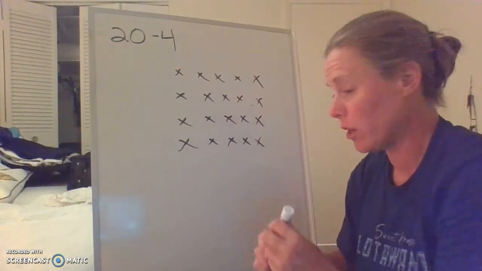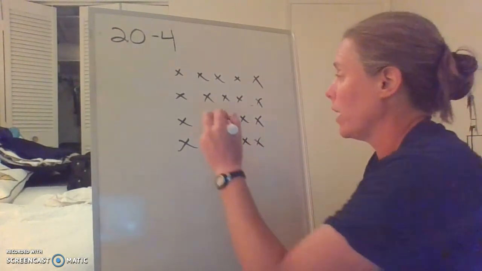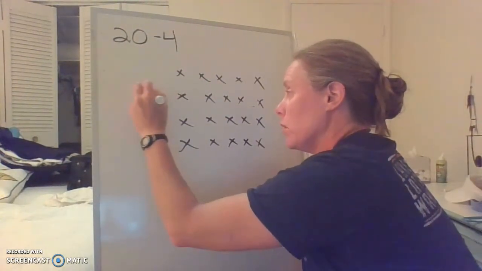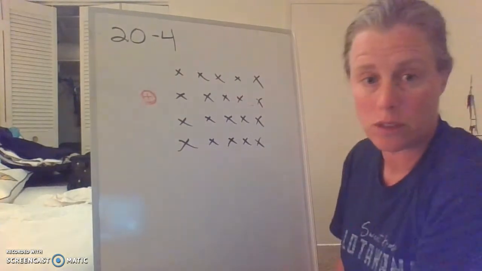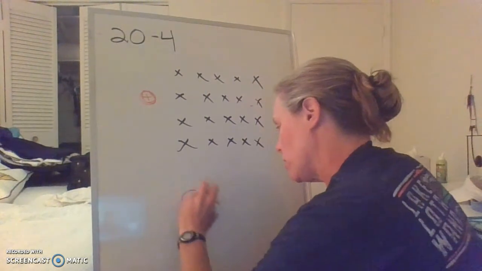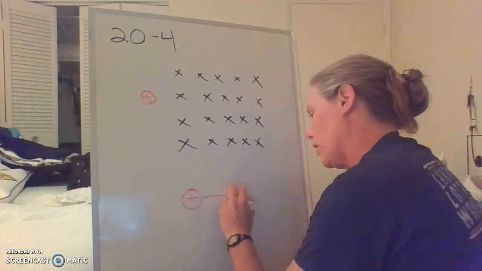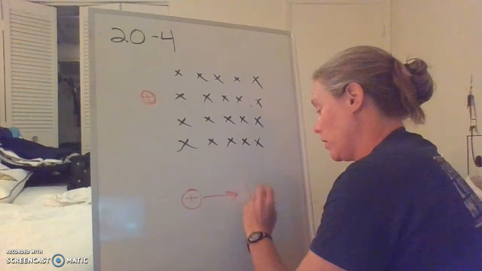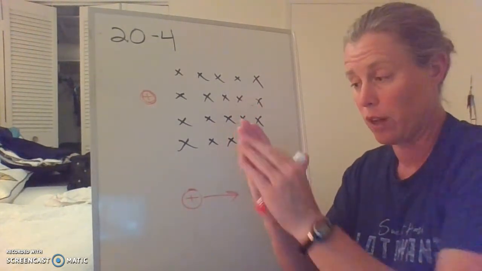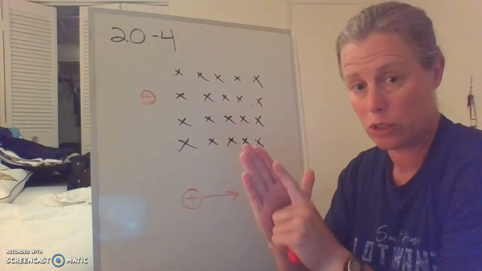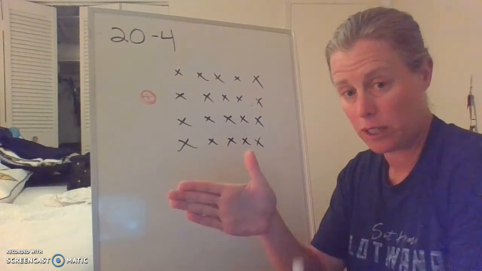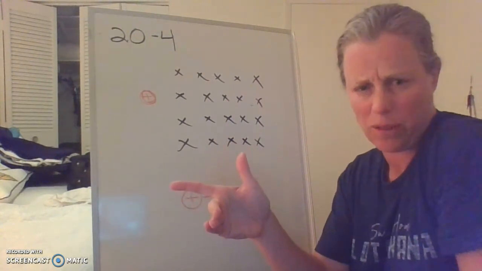So now that moving charge, let's see, I'm going to have a charge. Now, when we do the right-hand rule, it has to do with a positive charge, so I'm just going to put a positive charge there. But if I have a charge that's moving, it's got a velocity. With our right-hand rule, we've got a charge direction as far as our fingers pointing towards it, and then the field direction, out of the page, whatever you want to call it.